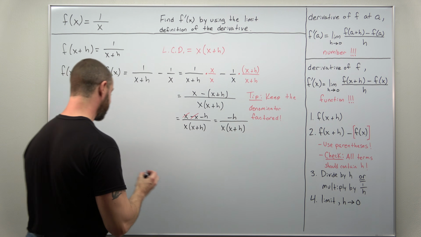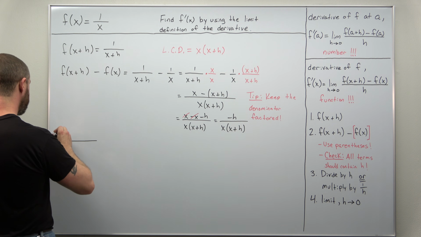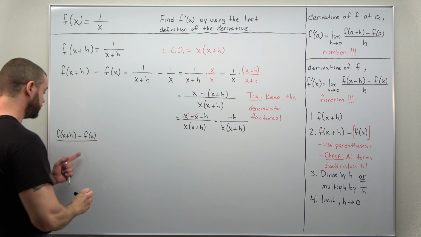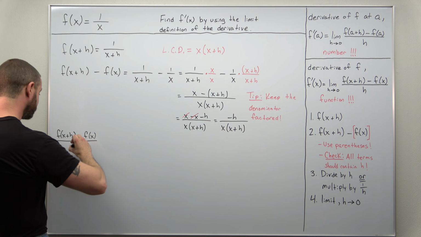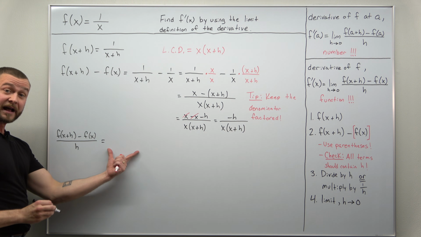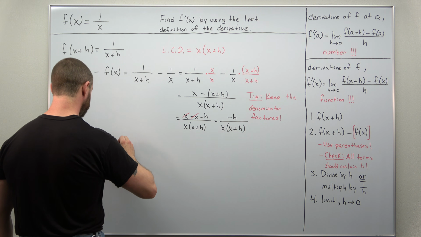So let's go ahead and write that. We're going to have f of x plus h minus f of x. And we're going to write in the general version here an h in the denominator, but when we actually calculate that, I'm going to multiply by 1 over h.